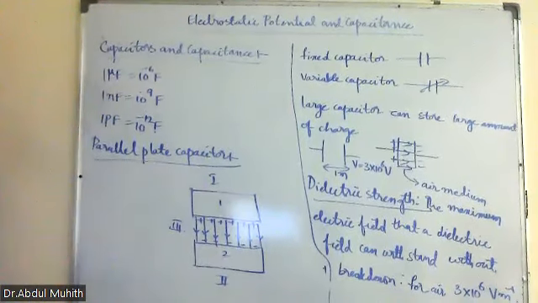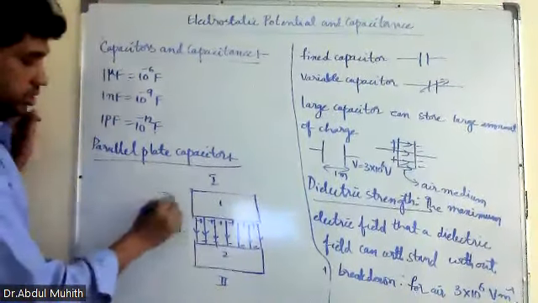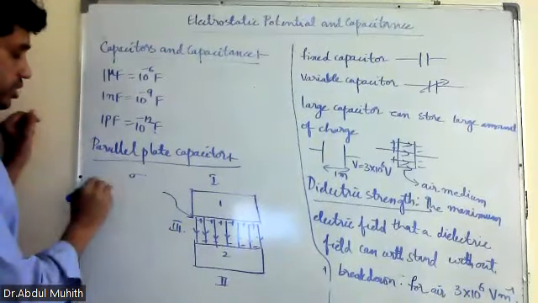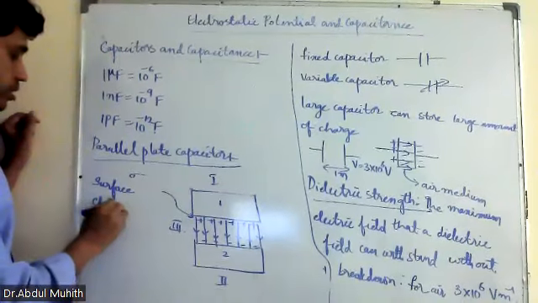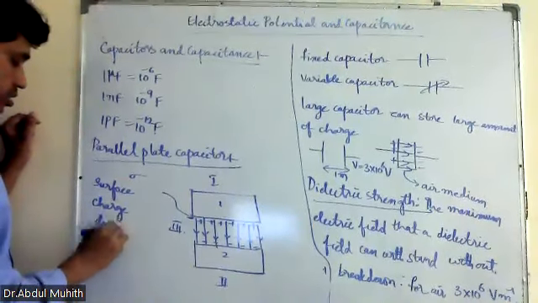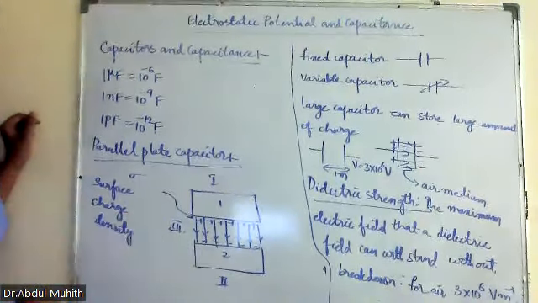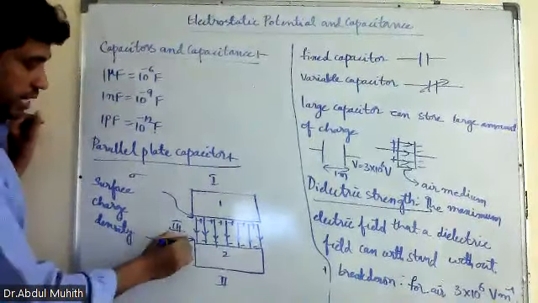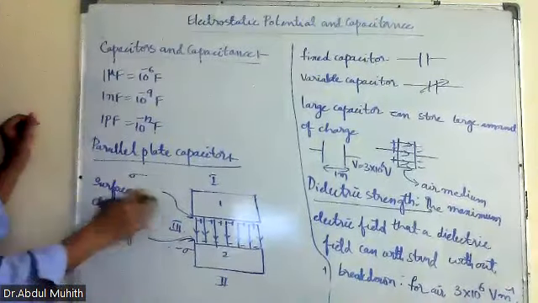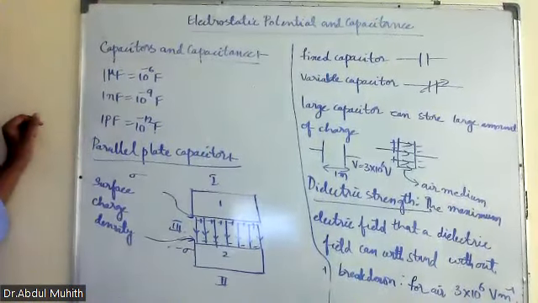Now, what is sigma? Surface charge density. This is positive sigma, and this is again the same surface charge density, but negative sigma.